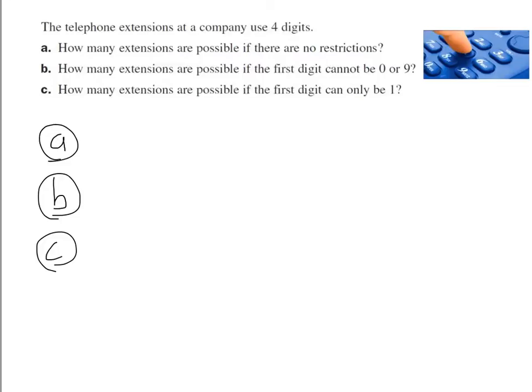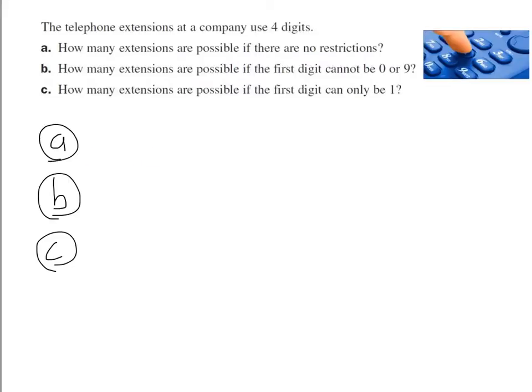So part A, how many extensions are possible if there are no restrictions? And by no restrictions, they mean you can repeat certain numbers and you're not limited to only certain digits. In other words, if an extension must be comprised of 4 digits, this is the best way I recommend that you handle these types of password or code or extension type problems.